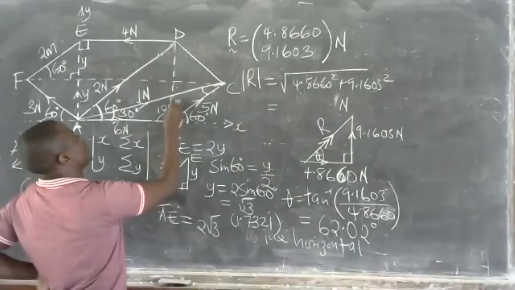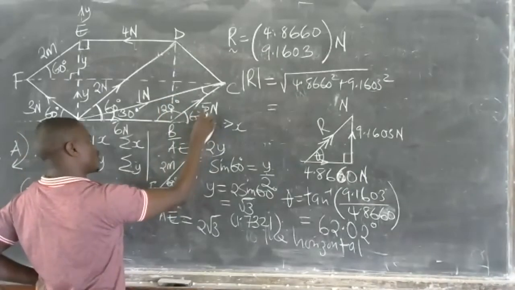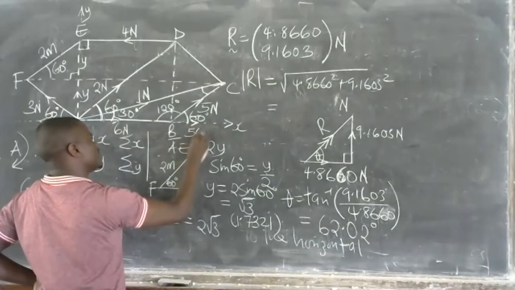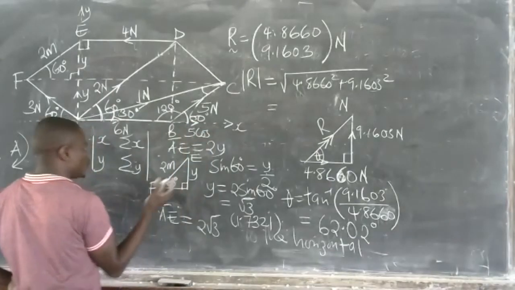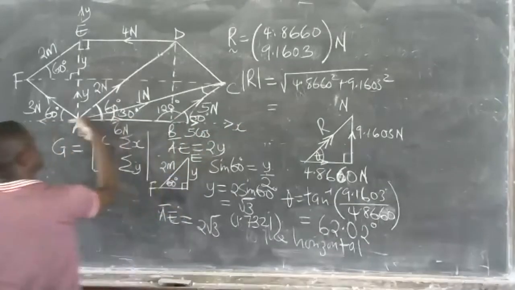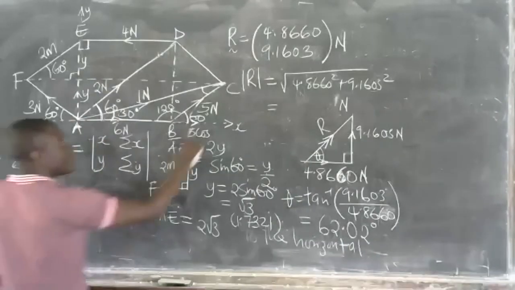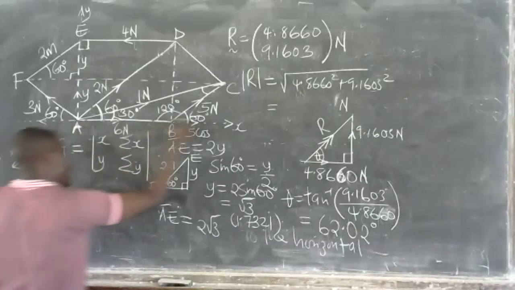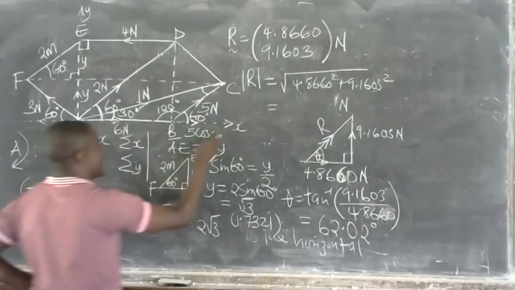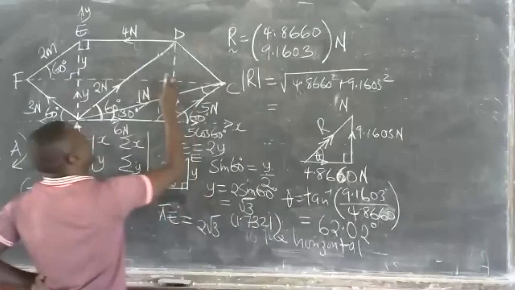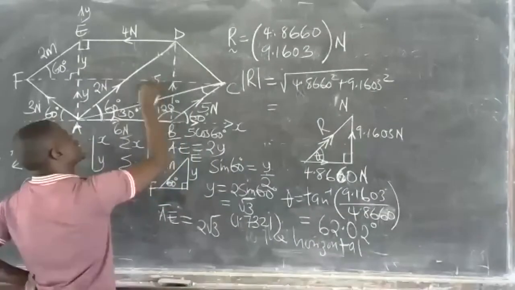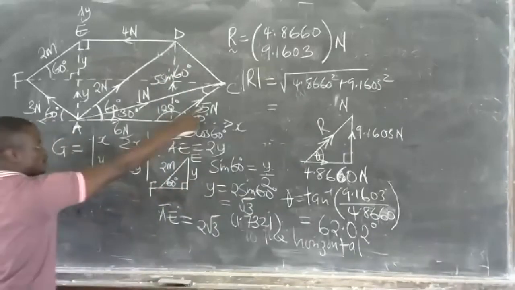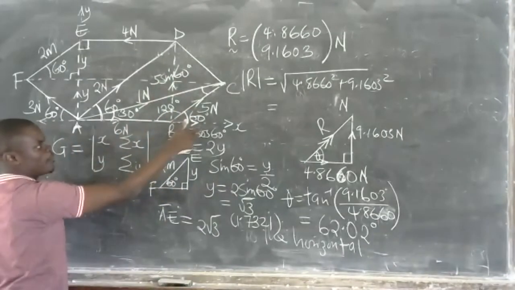The horizontal component, 5 cos 60, I may not even include, because its line of action passes through A, acting along line AB, so it has no moment. Then the vertical component is 5 sine 60. Instead of using 5, we can use the 2 components.